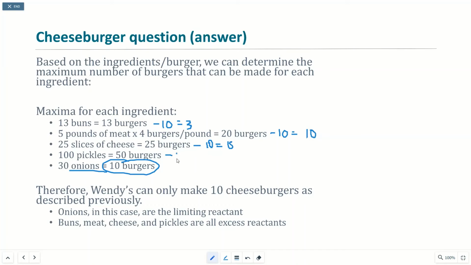And I can see that there will be 40 burgers worth of pickles that are all left over. So again, all of those excesses, could we turn them into something? Absolutely. Would it be the same thing that we were making in the first place? No.